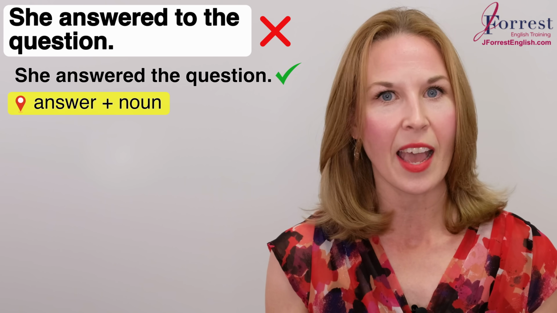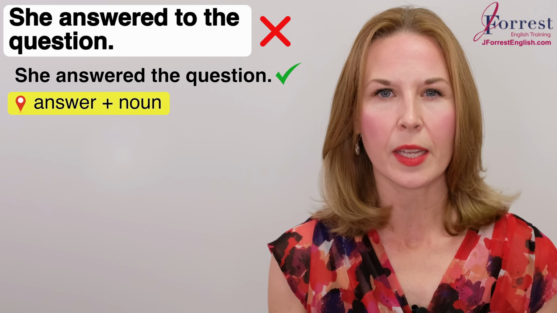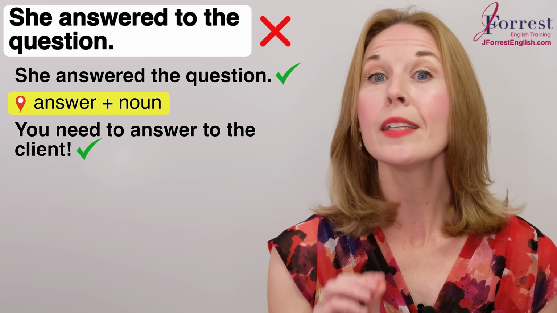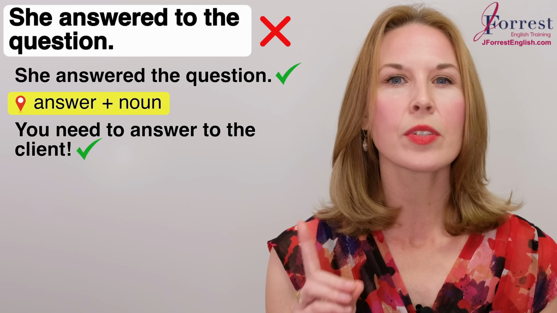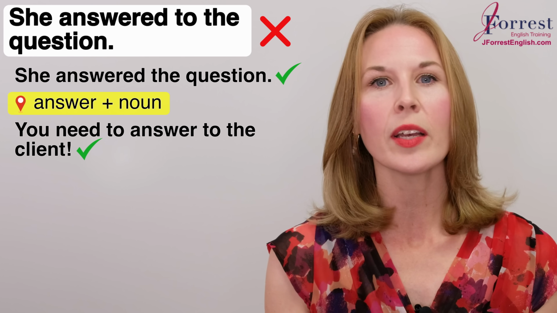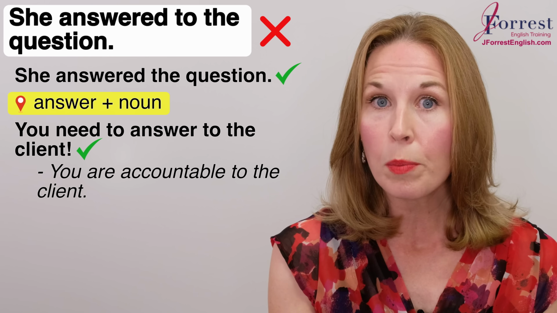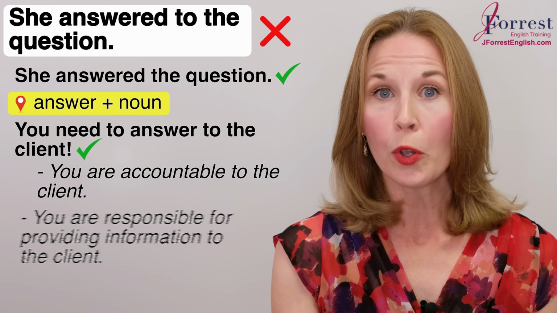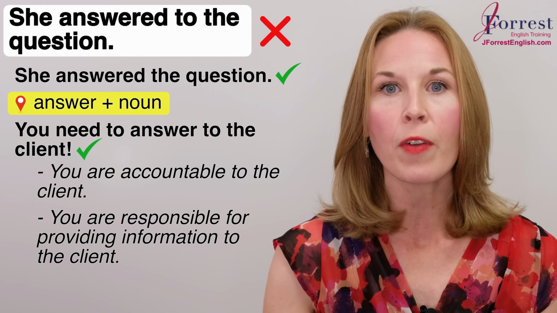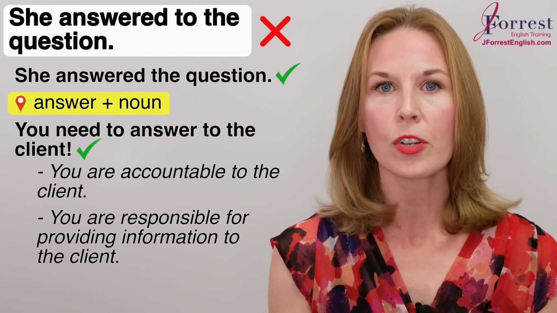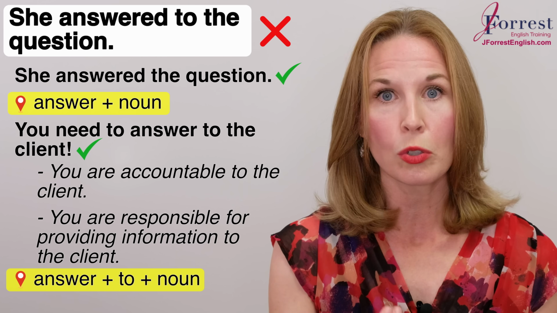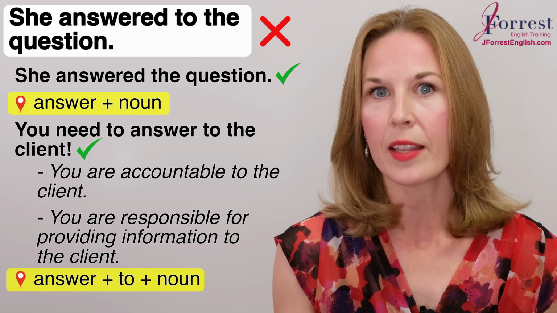Answer plus noun. But what if your boss comes in and says to you, you need to answer to the client? Ooh, this is used idiomatically as well. It means you are accountable to the client. You are responsible for providing information to the client. So here the sentence structure is answer to and then someone, the noun.